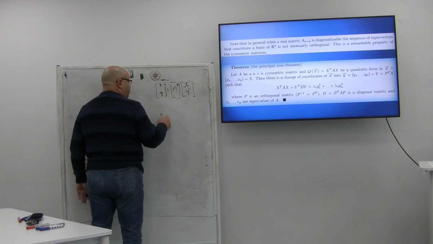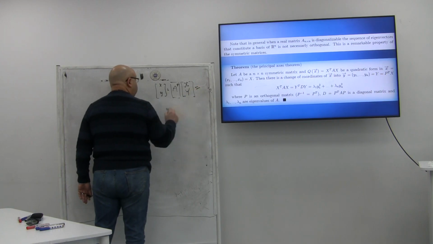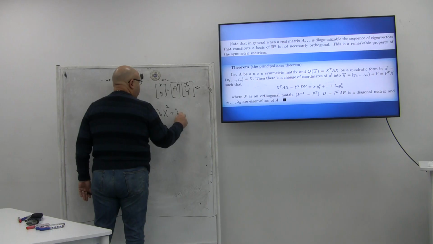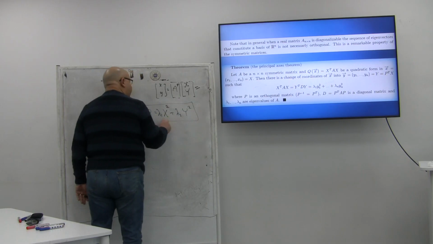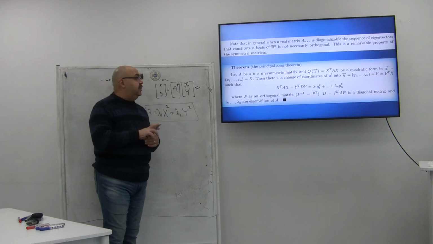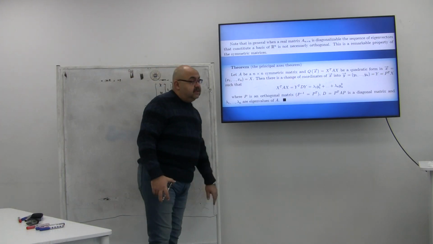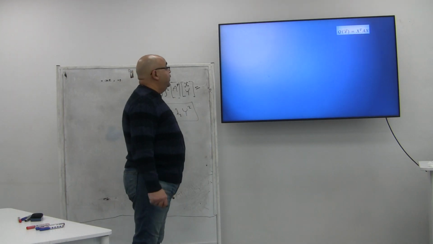In this case, the new quadratic form, relative to those axes, is going to be lambda 1, the first eigenvalue, times x squared, plus lambda 2 times y squared. This is the updated quadratic form based on the change of variables that you did. This paragraph is trying to explain this property for you.